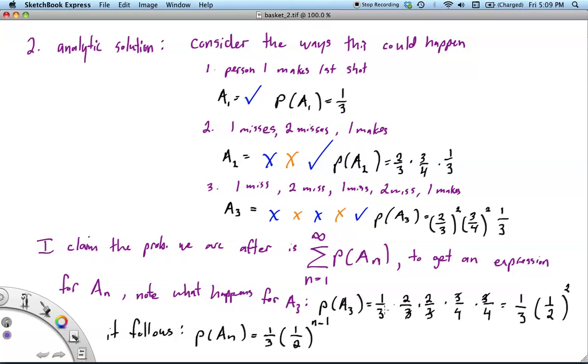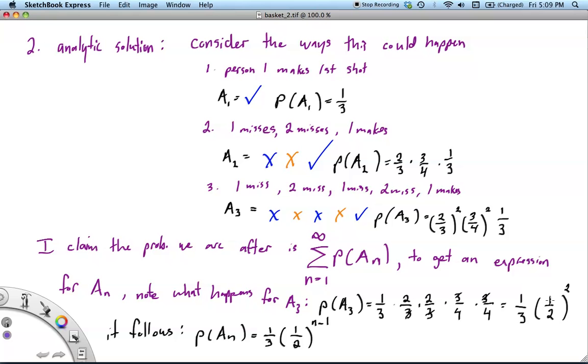If I start to write out what's happening in A3, 1/3, 2/3, 2/3, 3/4, 3/4, we can see that we can actually perform a cancellation. This 3 will cancel this 3 will cancel this 3, and if this was A4, we would just have 3 of these, and the 3 threes would cancel with the 3 threes in the denominator. In any case, what we'd be left with is 2/4, or a half, and that's getting multiplied times a half.